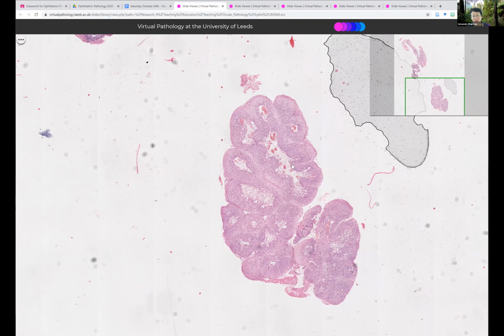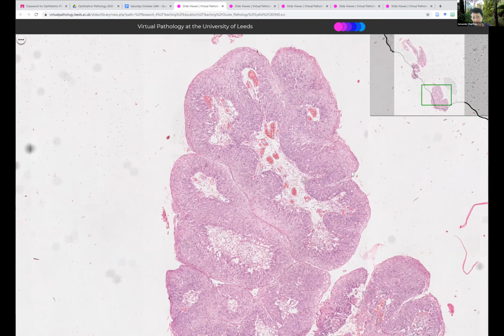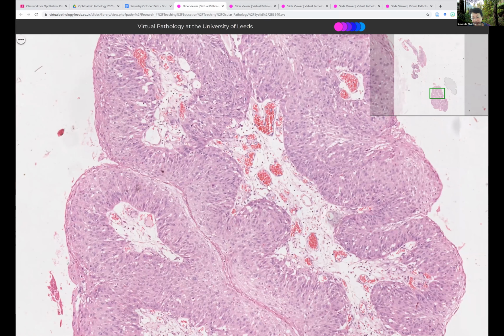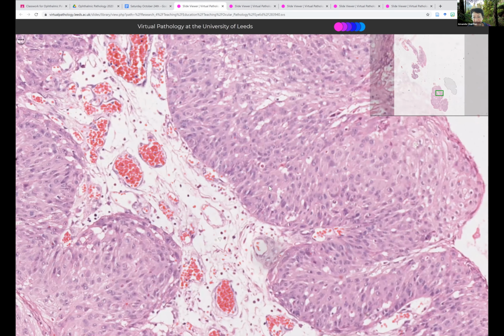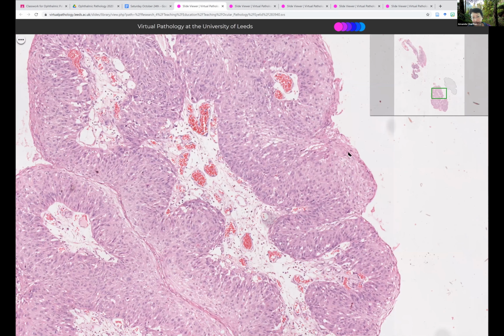I don't think this is a solid nodule. It's not craterform, it's not ulcerated. I think this is papillary architecture. And what does it look like more closely? I can see squamous features as described previously, but unlike the squamous papilloma, I certainly see a lack of normal maturation from basal to surface.